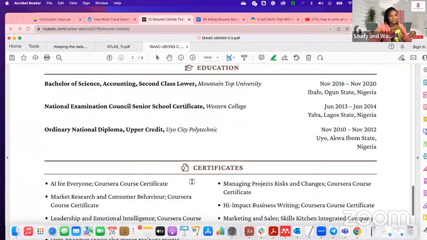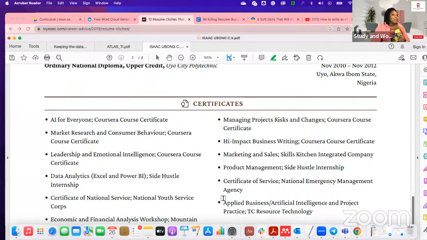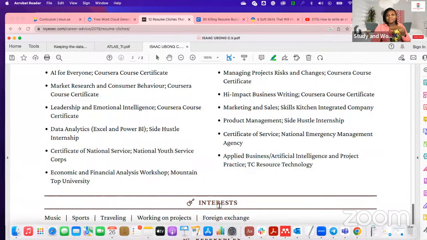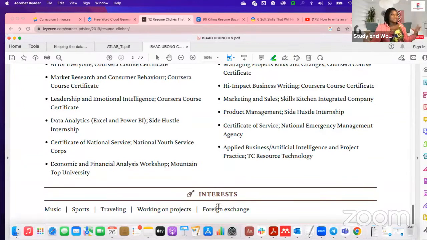The keywords are maybe ticking, like it's working. But when it comes to soft skills, the employers need those things that build the team and relationships, how you work with people, how you face difficult challenges. You don't see them inside.